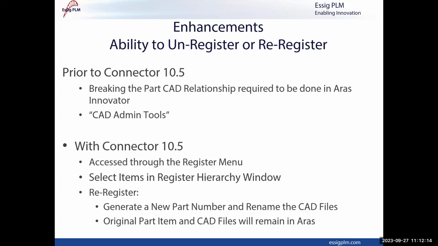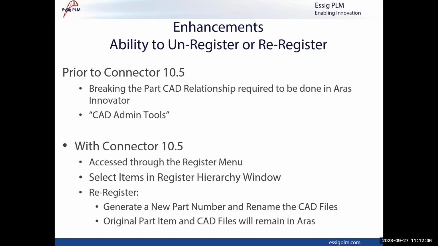What re-register does is I identify the item or the whole hierarchy, and then I say re-register. Think of it as setting it back to the beginning, to everything's unregistered, everything is green. So I now can set my production connector project, and now I can give everything production part numbers. It will leave all the pre-production information and the stuff that I previously had.